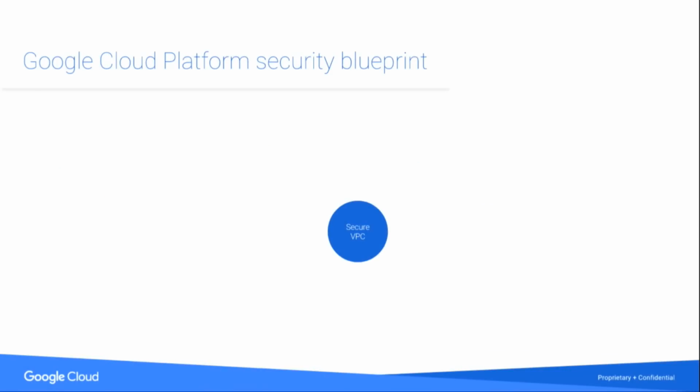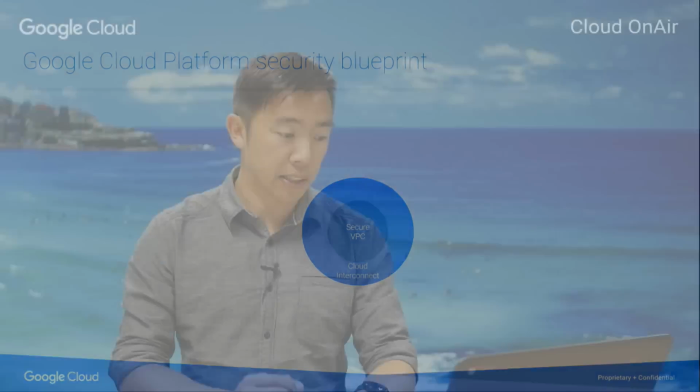Okay, so we've talked a bit about the core of your network, the secure VPC. Let's broaden it out and talk about the ways in which you can connect into GCP's network. I alluded to this earlier, but Google Cloud Platform sits on top of Google's global network.